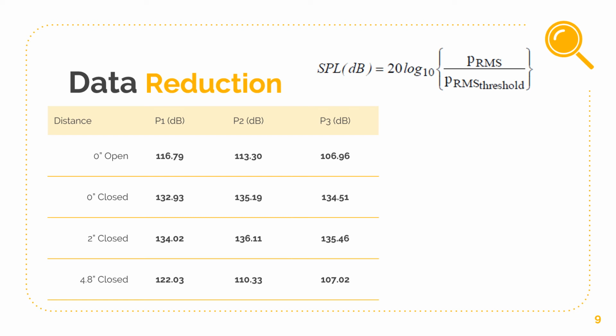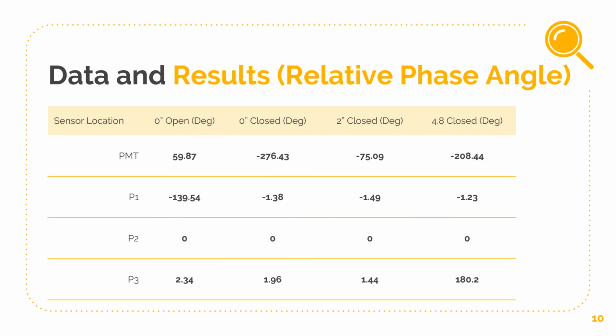One thing I would like to highlight is that at 4.8 inches of burner height with the valves closed, we can observe that the decibels were consistently the lowest measurement and fluctuated from around 105 to 110 decibels.